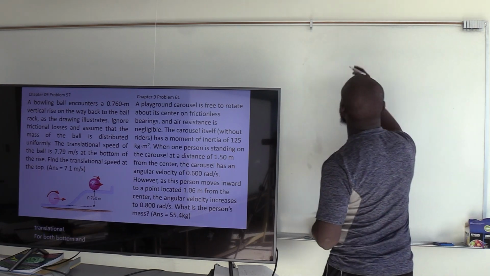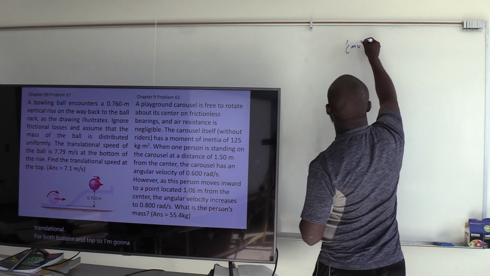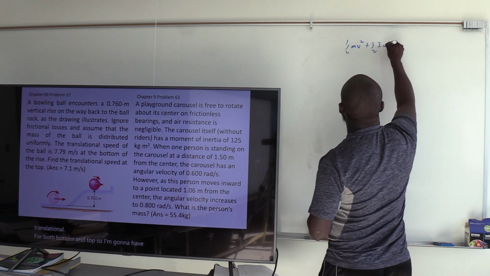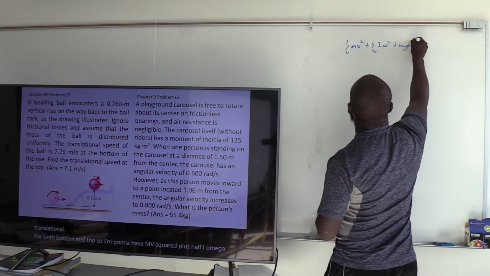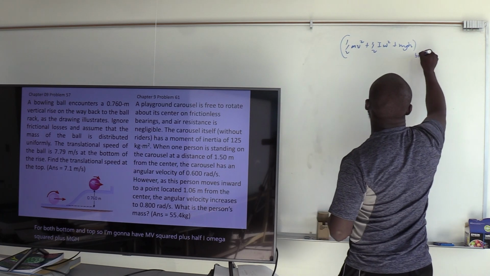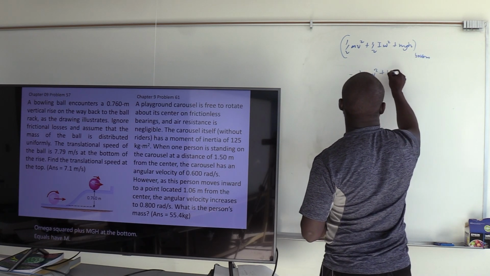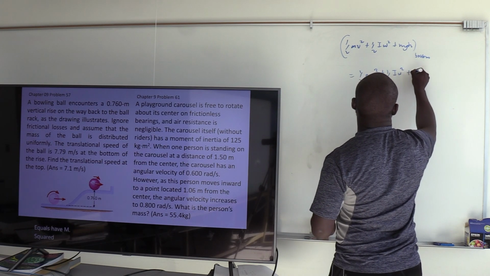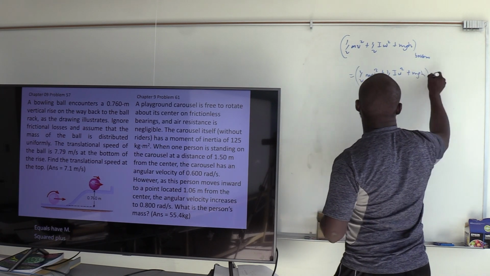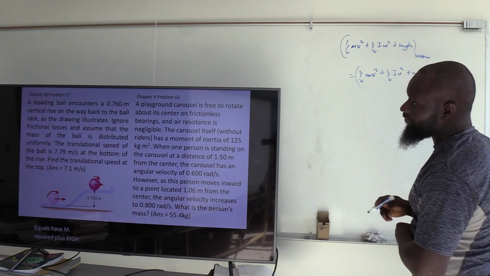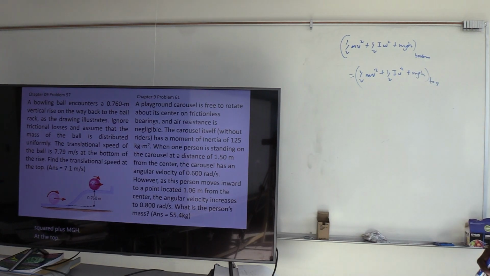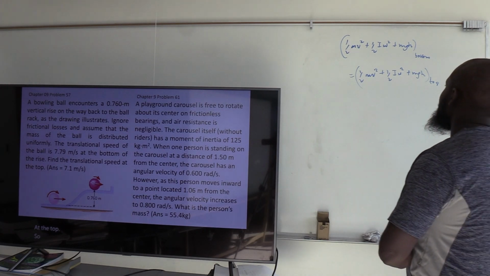So I'm going to have half mv squared plus half I omega squared plus mgh at the bottom equals half mv squared plus half I omega squared plus mgh at the top. Okay. So it's a ball, so I is 2/5 mr squared.